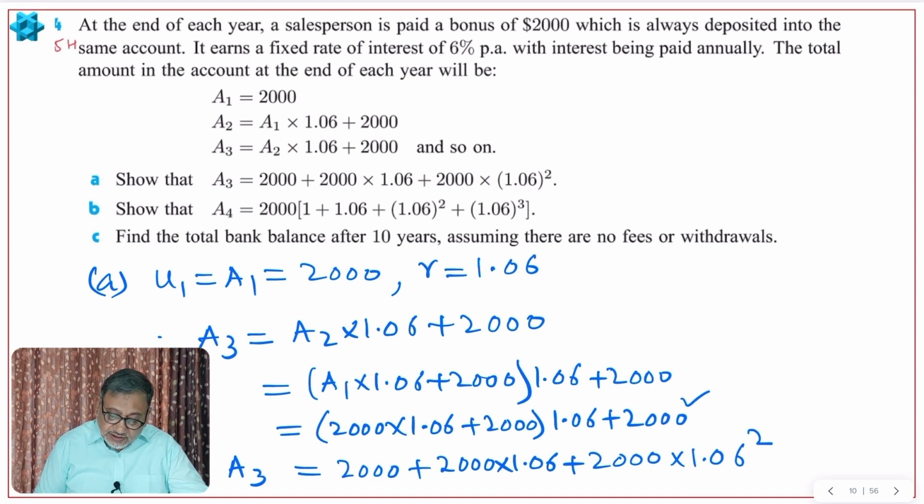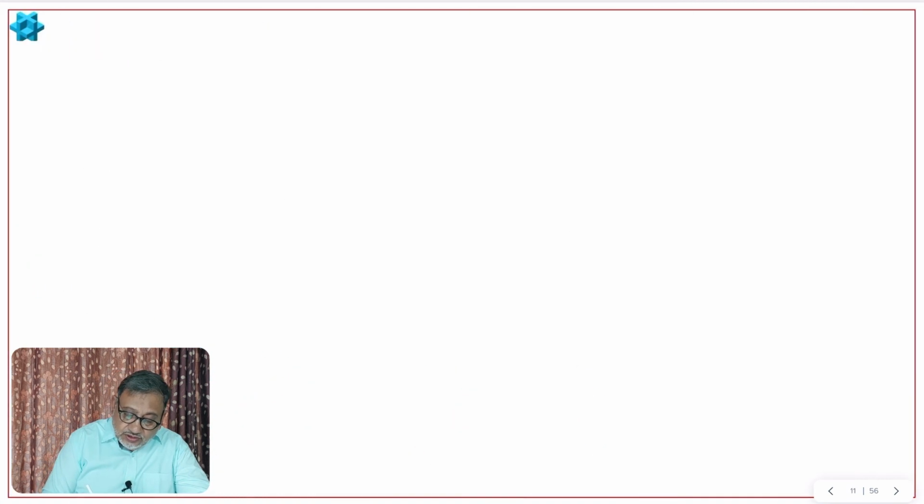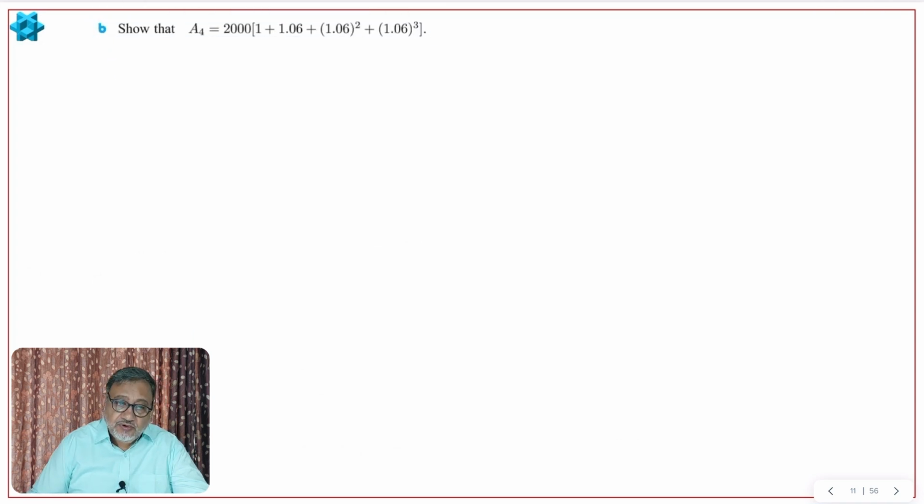Now the B part says, let me copy the B part on the next page. B part: show that A4 is this. So we have to show that A4 is this.